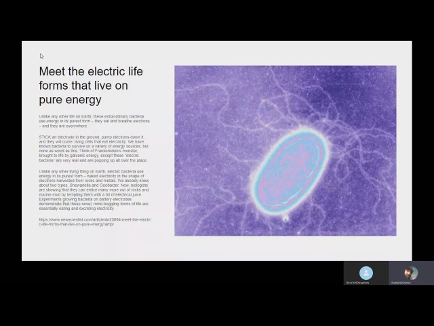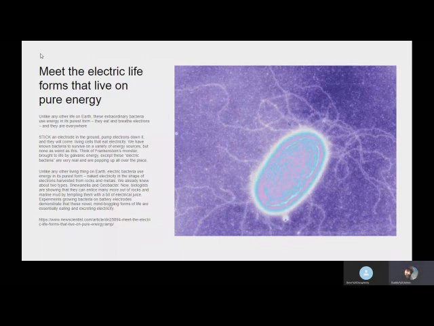Meet the electric life forms that live on pure energy. Unlike any life on Earth, these extraordinary bacteria use energy in its purest form. They eat and breathe electrons, and they are everywhere. Stick an electrode in the ground, pump electrons down it, and they will come. Living cells that eat electricity.